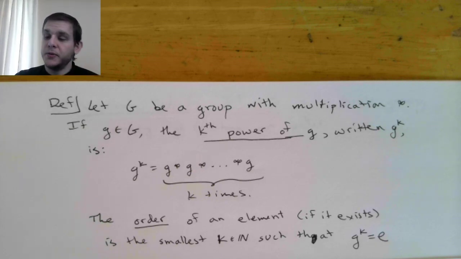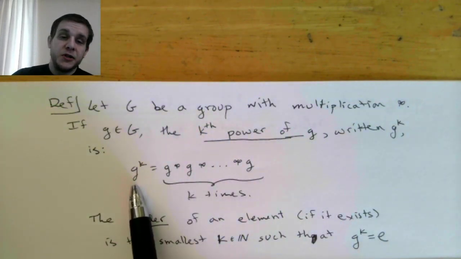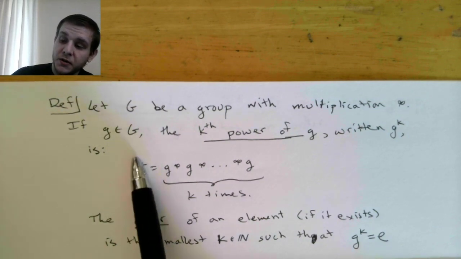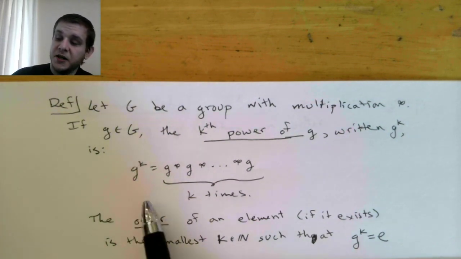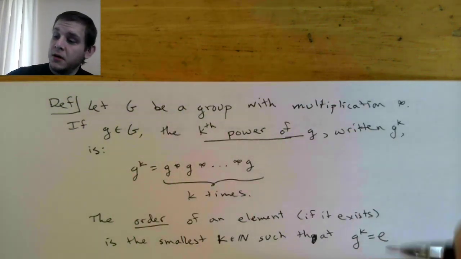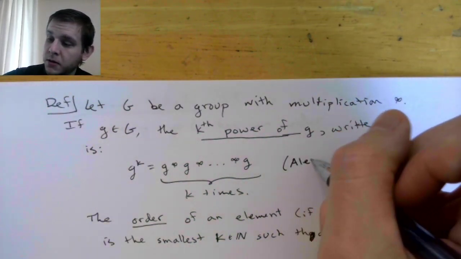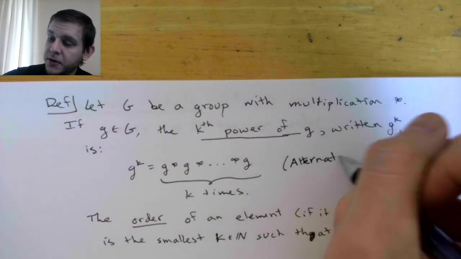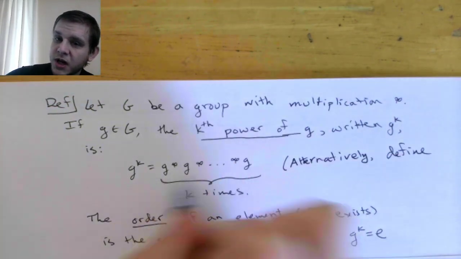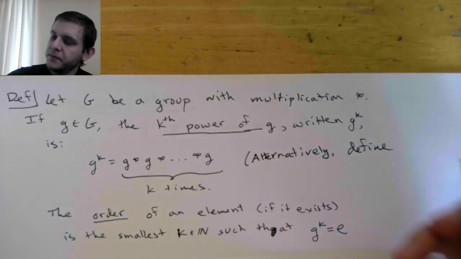However, when you have any group, you can always start taking powers of elements. And we just use the same way that we do with matrices, we abuse notation and put an exponent up here, and it just denotes the k-fold product of G. The book defines it slightly differently. You can define it recursively. This one's a bit informal, but it's more clear what's going on, at least to me.